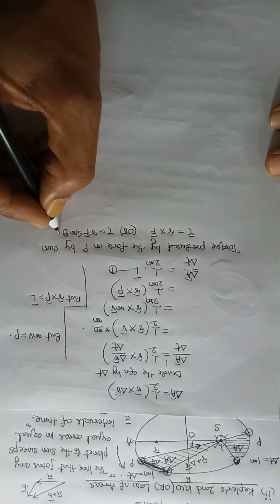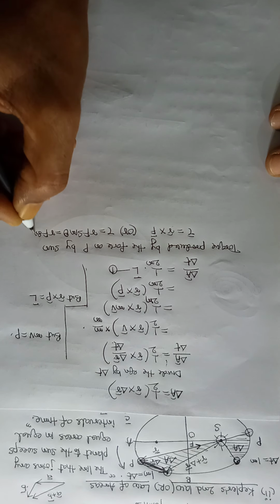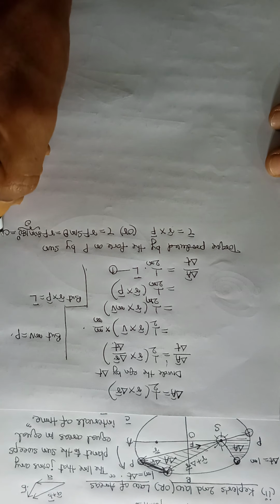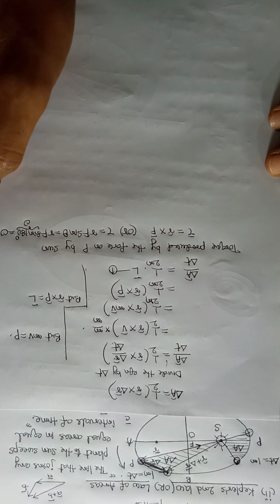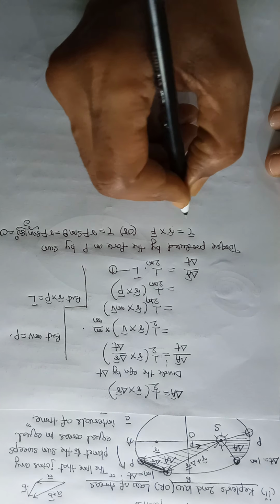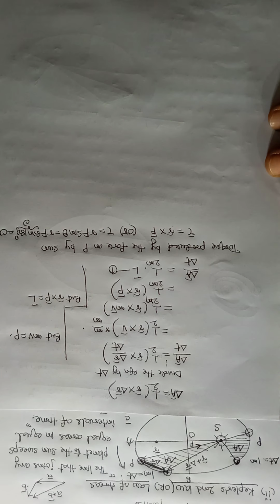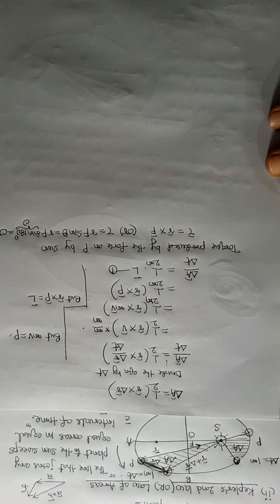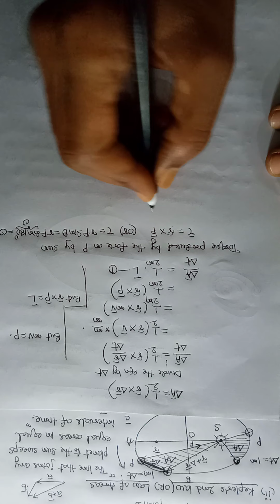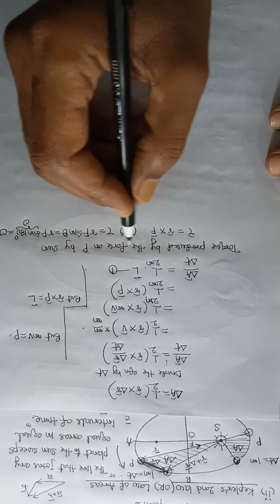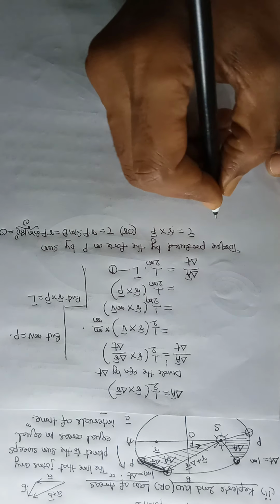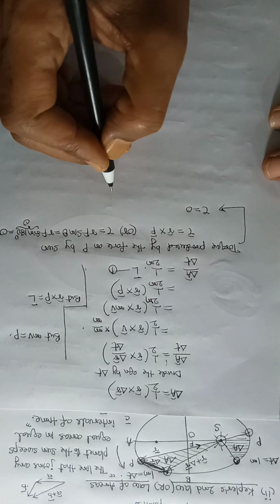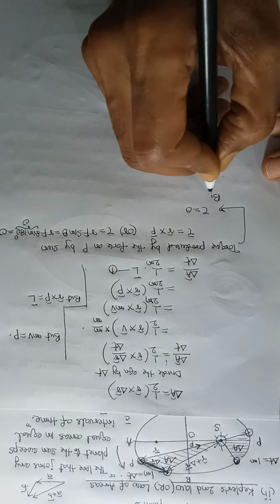So rf sin 180, but sin 180 value is 0, so it is equal to 0. So here we got torque produced by the force on the planet by the Sun is 0.